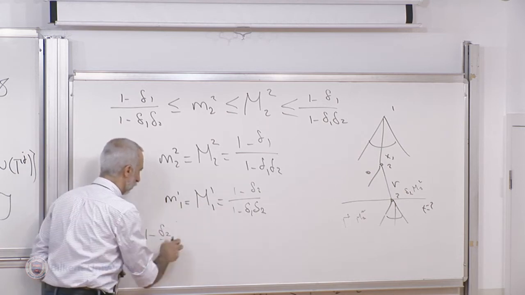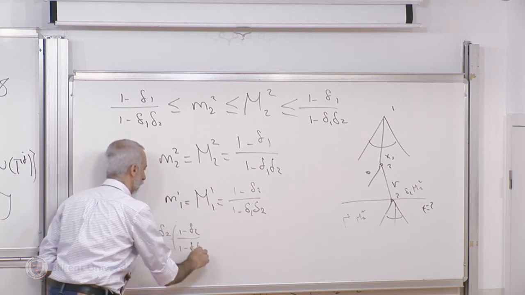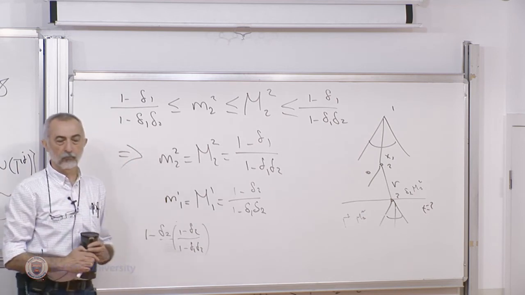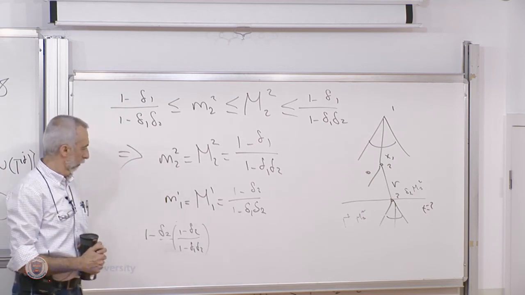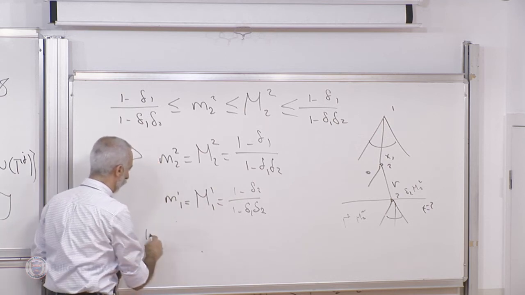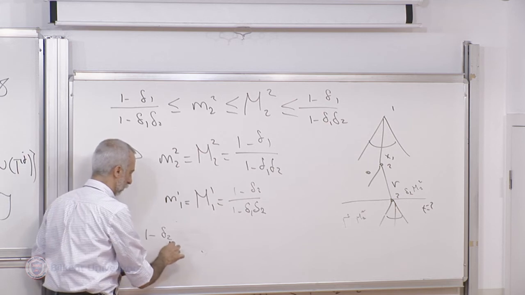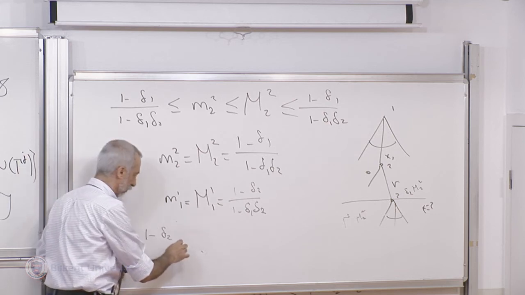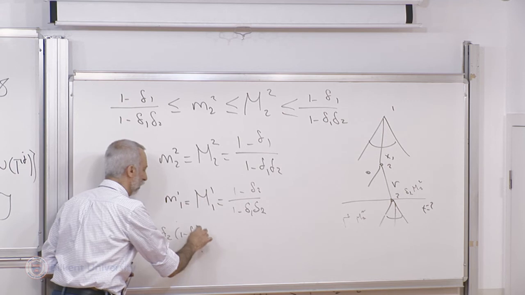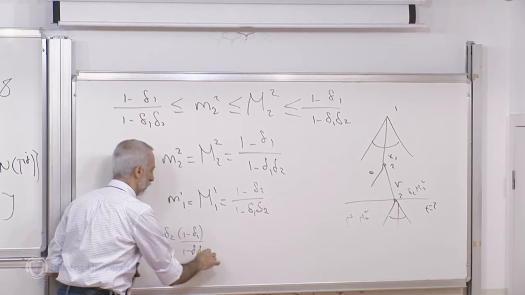So let me write it maybe like this. You mean this? 1 minus delta 2 times 1 minus delta 1, over 1 minus delta 1 delta 2.